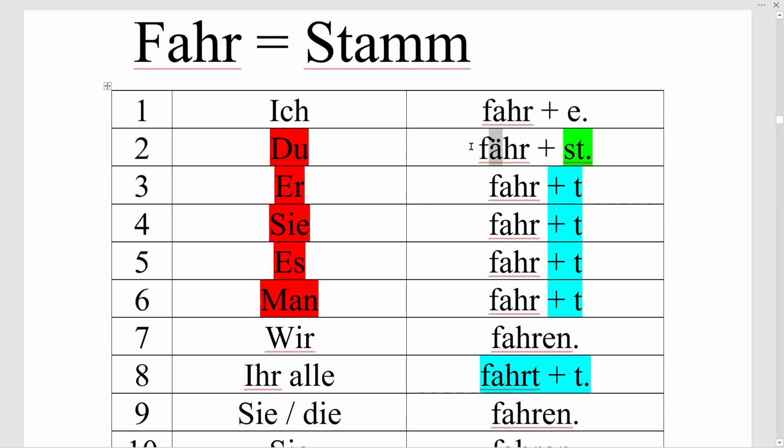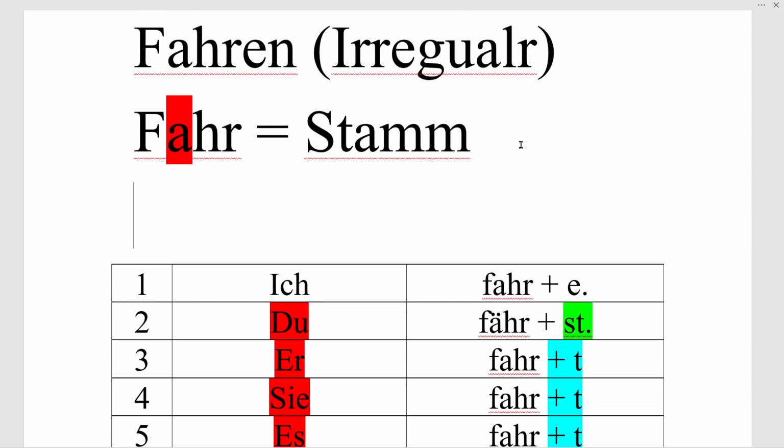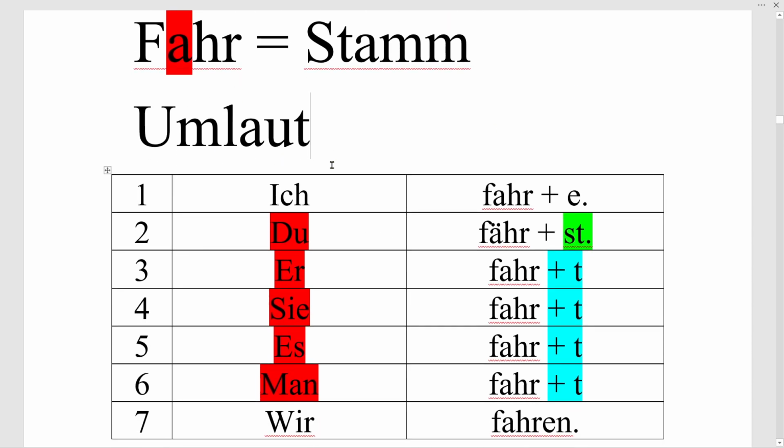You don't say du fahrst. Just remember that. This is conjugated the same way, but there is a change in the root: the vowel can take an umlaut. An umlaut basically is a change of sounds in German, and this is a linguistic process. We do not need the term itself. Basically, umlaut means there is going to be a change from, for example, a to ä.